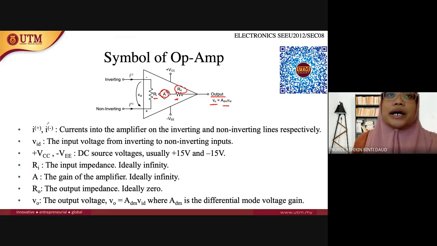I positive and I minus refer to this part here. They are the currents into the amplifier on the non-inverting and inverting lines respectively. VID is the input voltage from inverting to non-inverting.